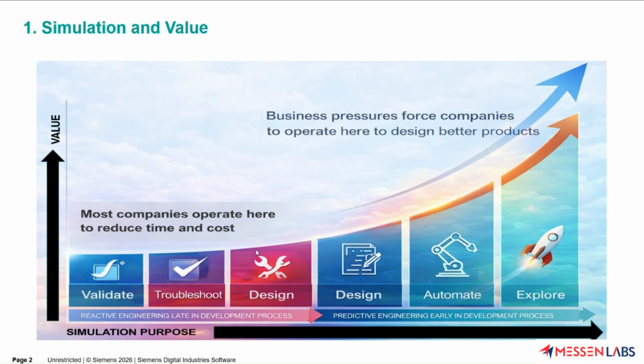Instead, what if you change your methods and start working on the design model itself, where you can reduce the number of iterations? What if you can automate your simulation, and what if you can explore many design ideas in the initial stage itself? That is what adds more value to you, and that is how you can improve your product development.